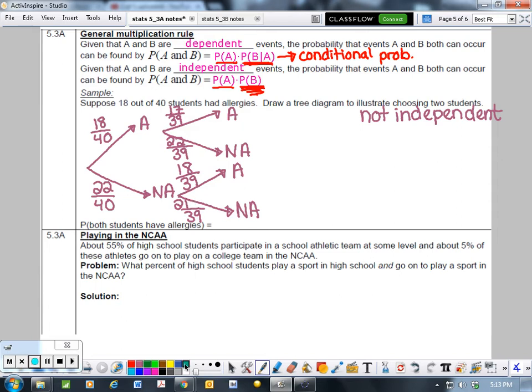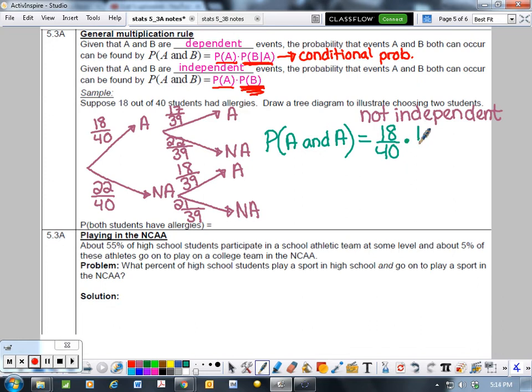Now we want to know, what's the probability that both students have allergies? Well, the probability that I have allergies, then allergies, so allergy and allergy, should be my probability of A, 18 over 40, times the probability of A given A has occurred.